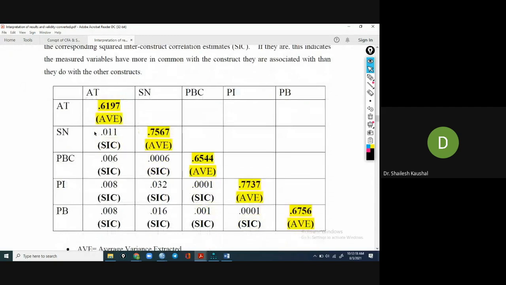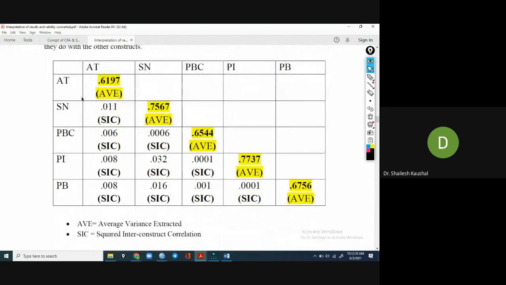In this matrix we take two values. One is on the principal diagonal, the average variance expected value, and the other is the off-diagonal value, which is SIC, squared interconstruct correlation.